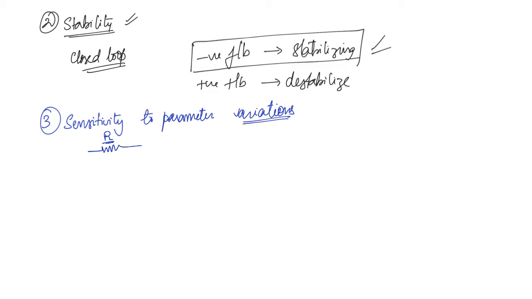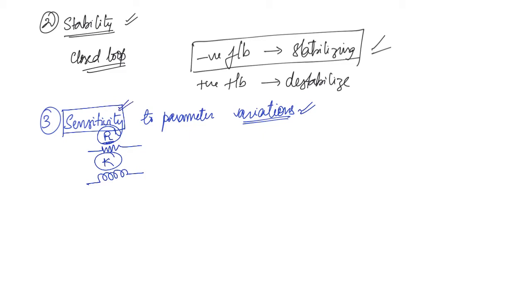Similarly, if you have a spring, let us say, then it will have a spring constant associated with it. Now these parameters may vary over time because of aging, because of wearing out. So what will happen when there are such variations, and how is the sensitivity, that means how much the variations in these parameters are affecting the overall system. That is sensitivity.